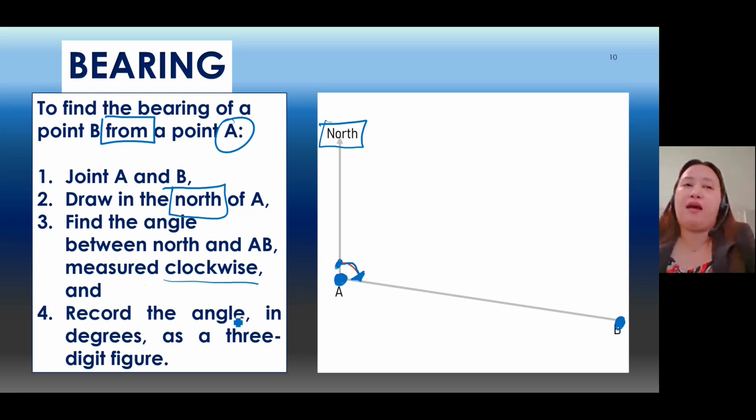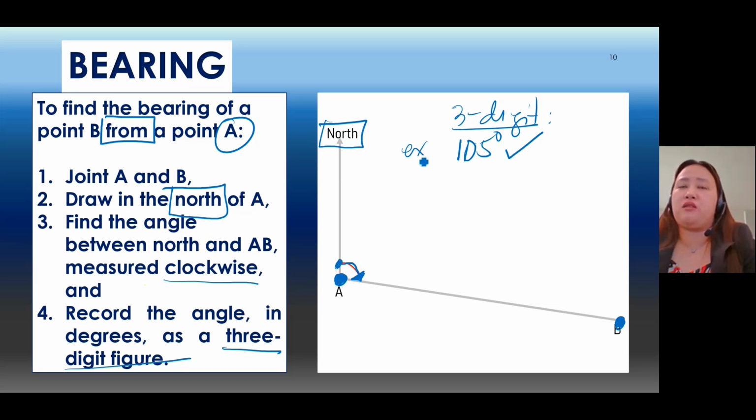Then you have to record the angle in degrees as a 3-digit figure. When we say 3-digit figure, for example here, this is more than 90. Say that it measures 105 degrees. 105 degrees is already 3-digit.